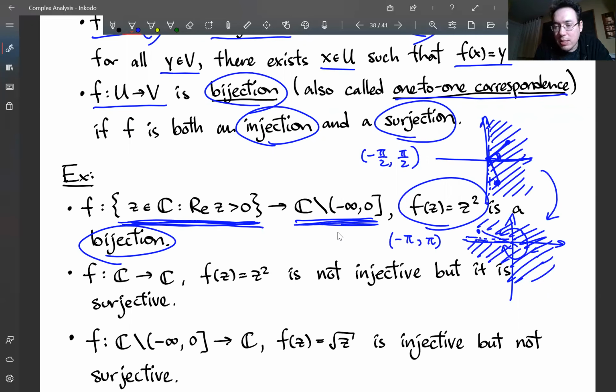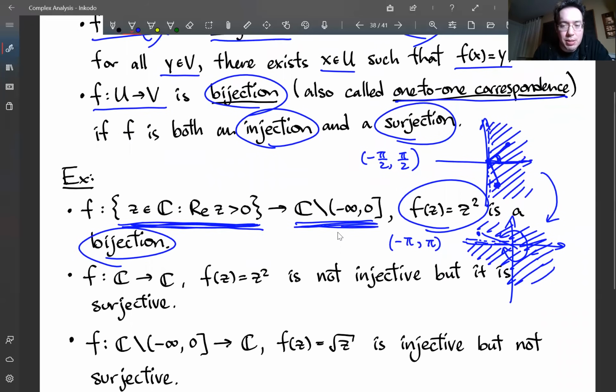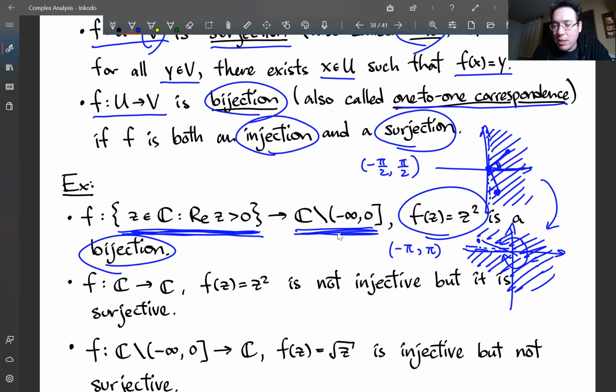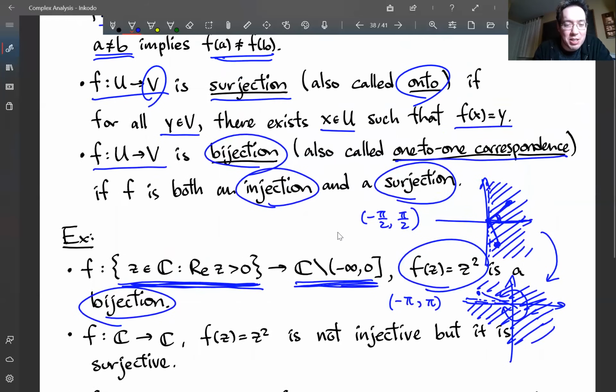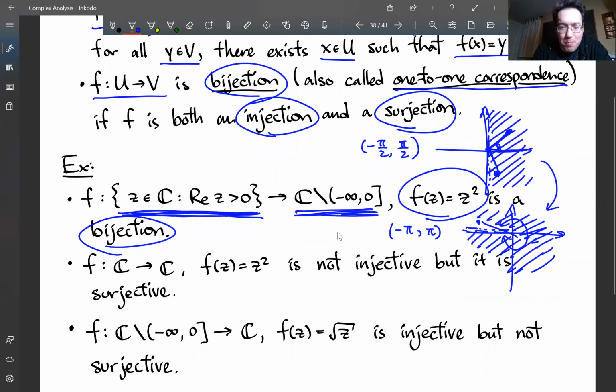So you could just take this angle, divide it by 2 and get the right argument. And the modulus is going to be the square root of that modulus. And no other numbers when squared hit the same number. So it's injective as well. Okay.